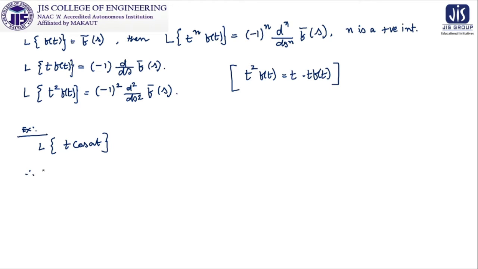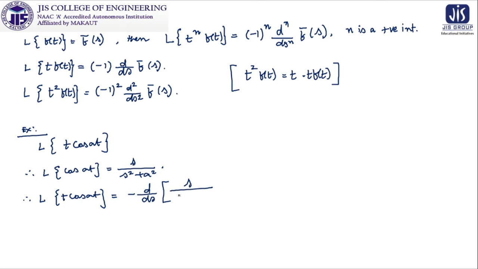We start with the Laplace transform of cos at, which is a standard result, s by s squared plus a squared. So the Laplace transform of t cos at will be minus 1 d/ds of s by s squared plus a squared, which is now nothing but a basic differentiation problem.